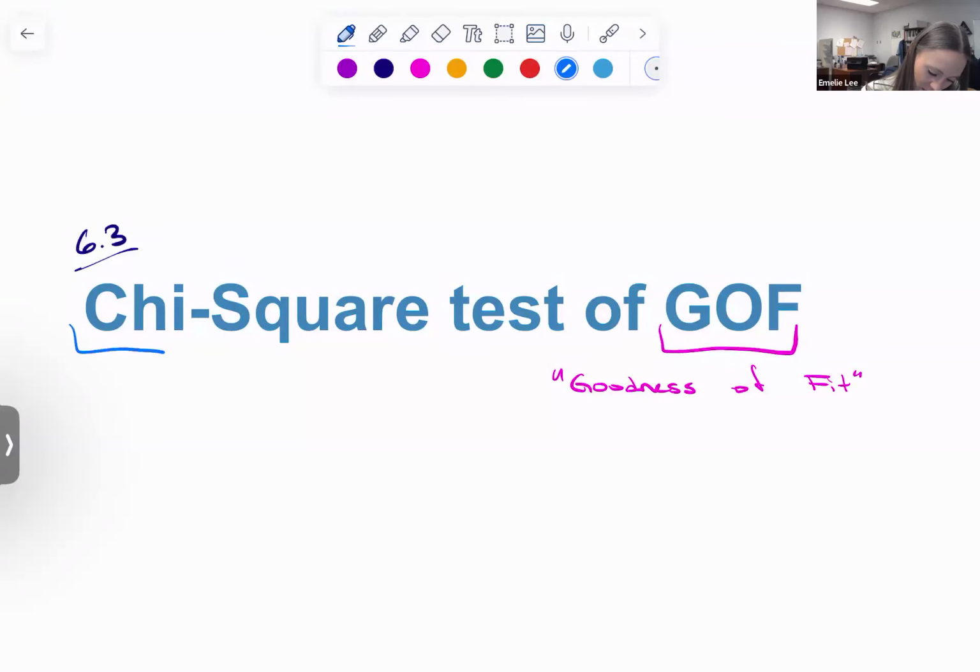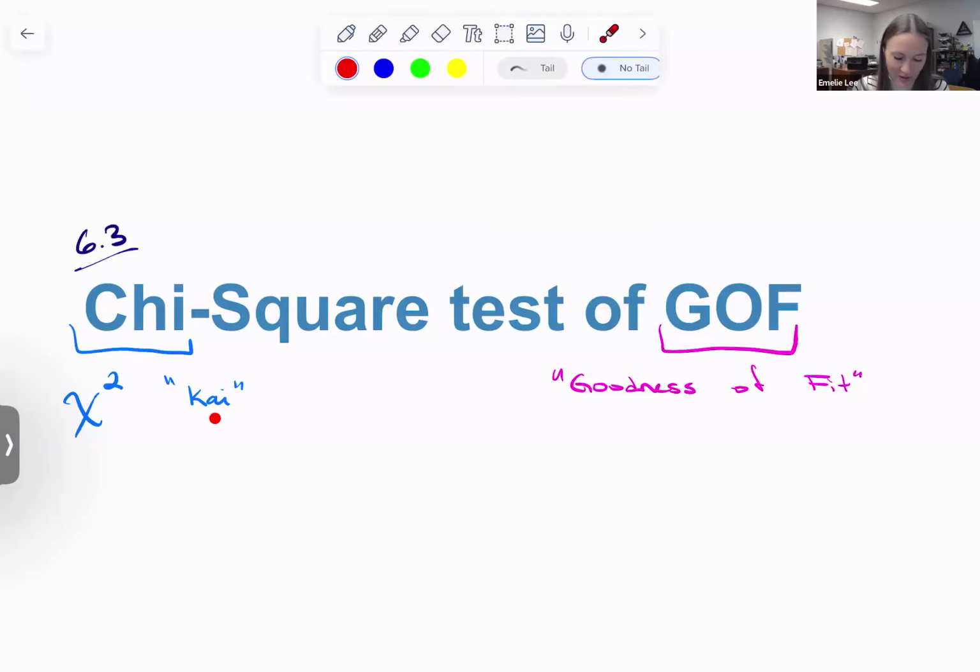But I want to start here. Chi is a Greek letter chi, which is a capital X. And so chi squared is chi squared. You want to be reading it as K-A-I, chi. If you call it chi, everyone's going to think you don't know what you're talking about.